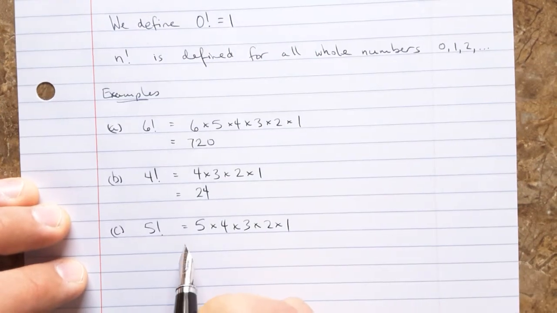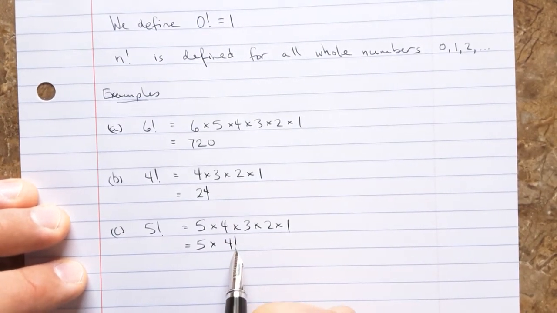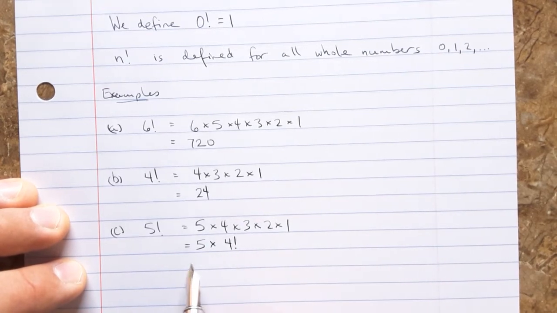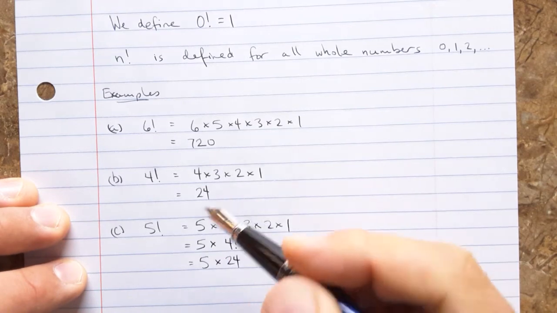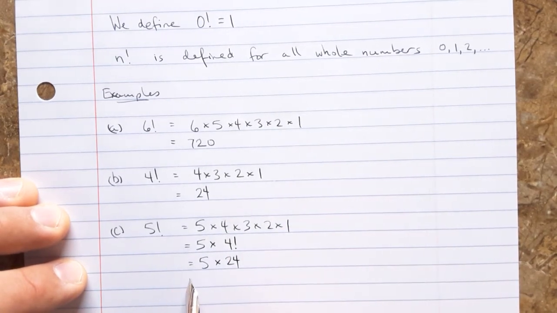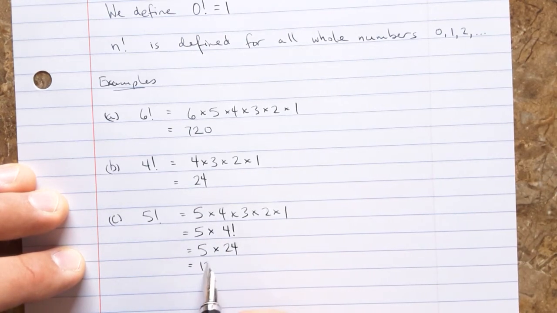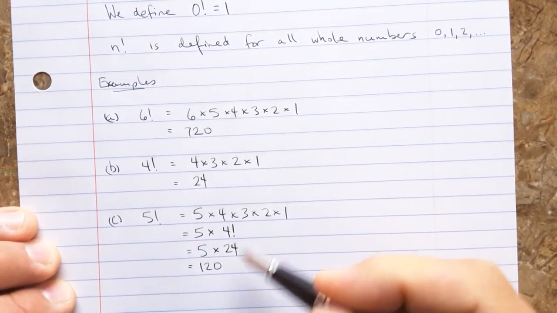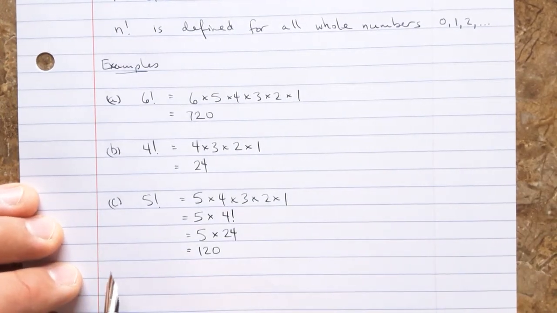And interestingly, that's the same as 5 times 4 factorial. But I know 4 factorial is 24, right? We just did that. So if I know 4 factorial, I can figure out 5 factorial just by multiplying it by 5. Multiply 24 by 5 and you get 120. So you can use previous factorials to help you figure out bigger ones.